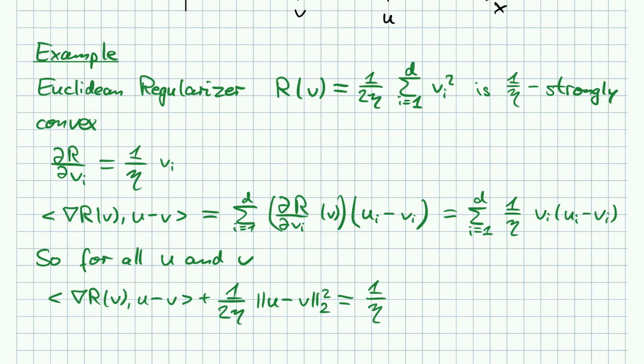The first thing we have already calculated. And what's this thing here? This is nothing but 1 over 2 eta, and then take the sum over all components. What we're getting is ui minus vi squared. Now, how big is this difference here?